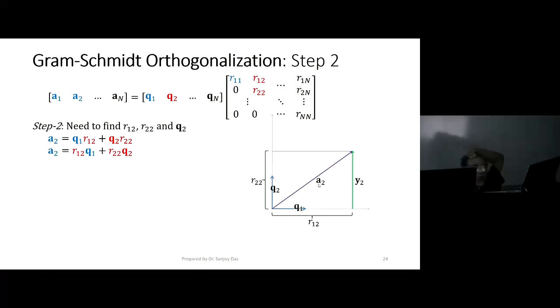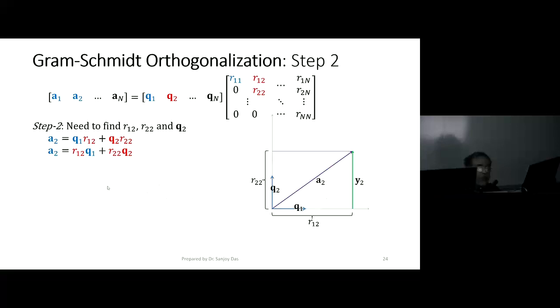What's the component of A2 along Q1? This is my A2. It's a linear combination of Q1 and Q2. So what's the component of A2 along Q1, or the projection of A2 along Q1, same thing.